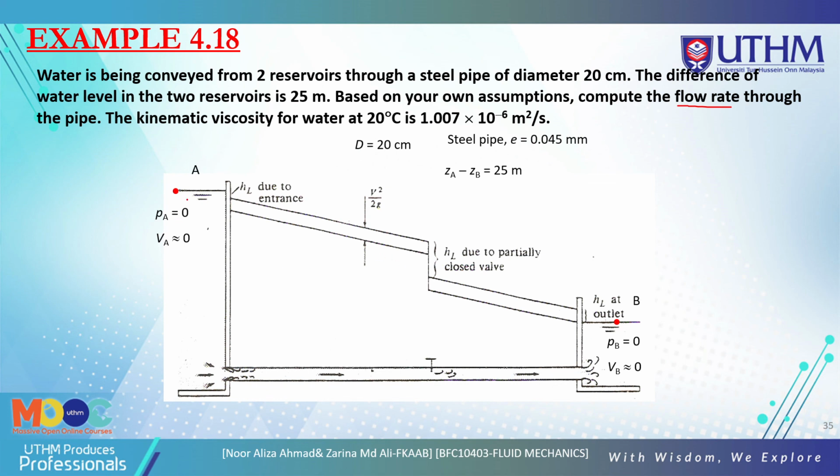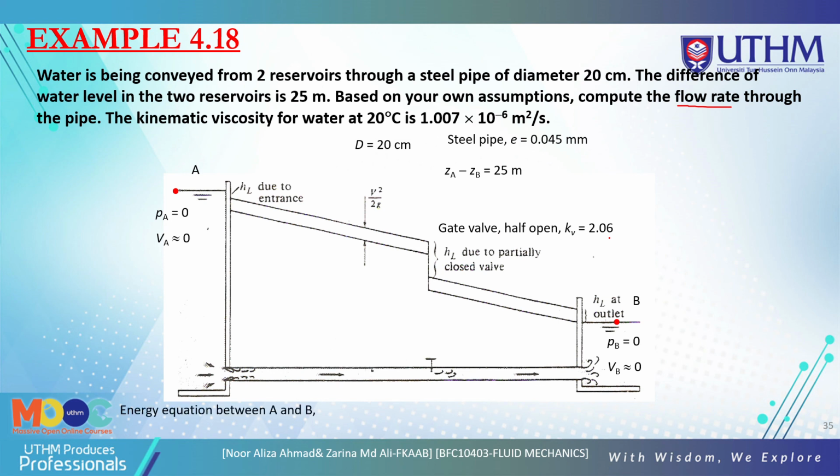This is the inlet, A, to the B here. So H_L is due to the partially closed valve. Z_A minus Z_B is 25 meters. The gate valve is half open, so the coefficient of the valve is 2.06.